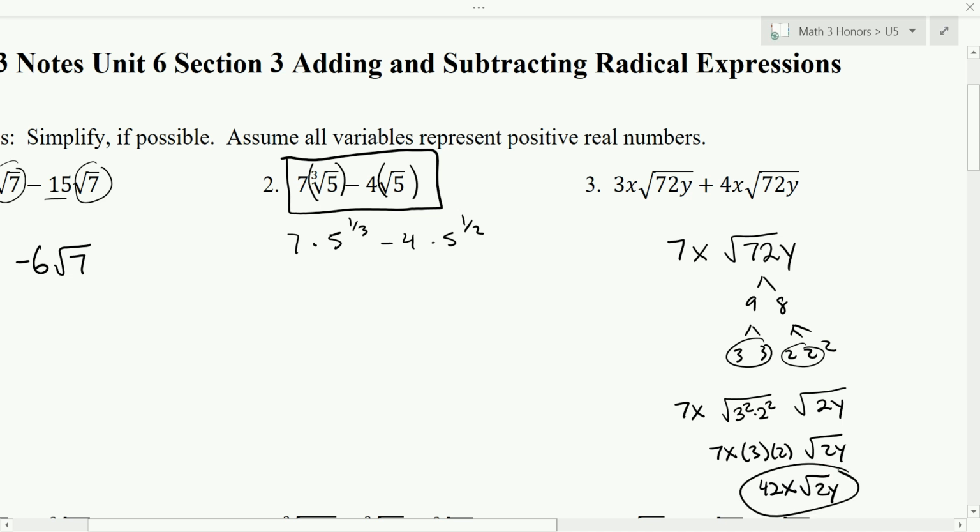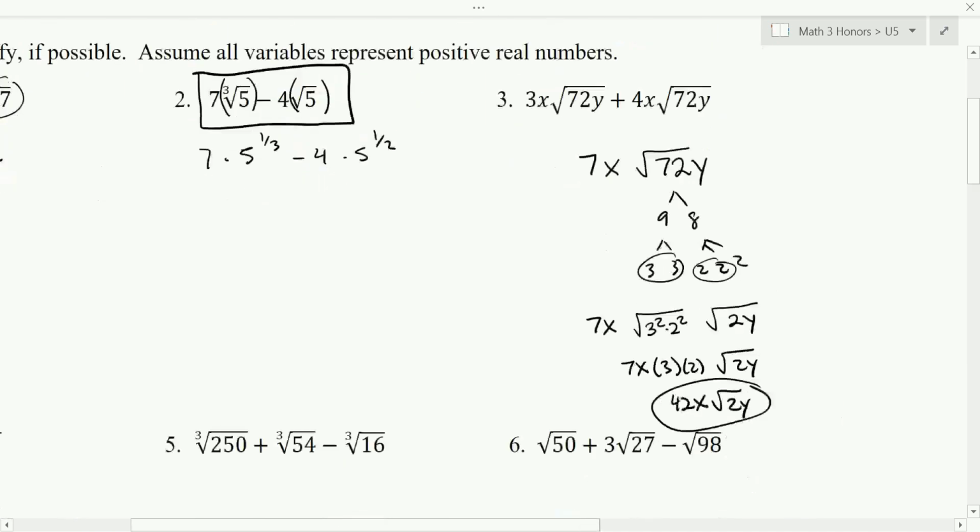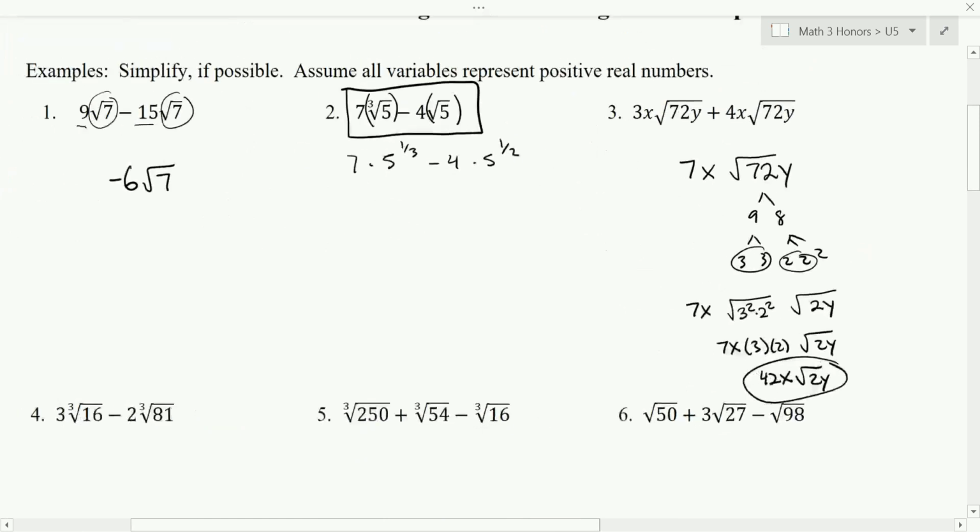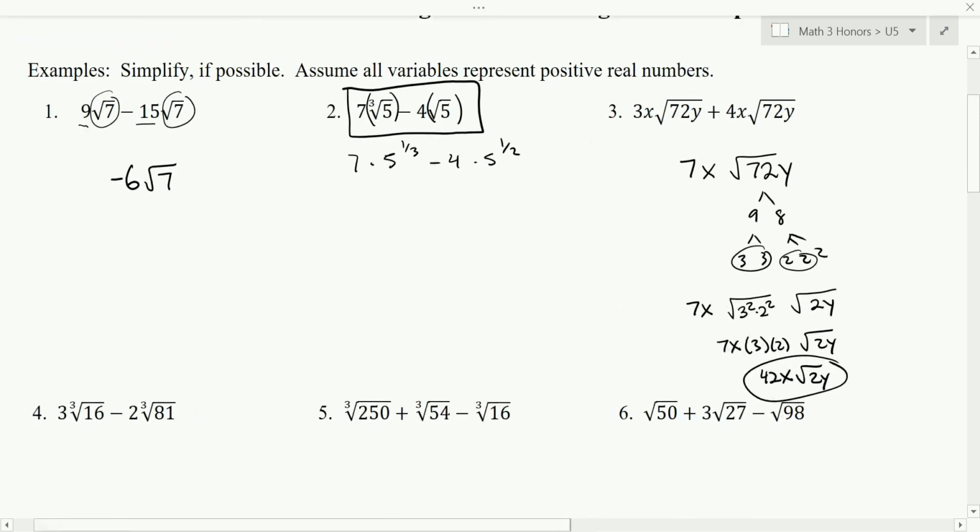Okay. So after you add, also check, can you simplify further? We could have also simplified in the beginning, but we had to do that twice. And so you can simplify in the beginning or at the end. Okay.